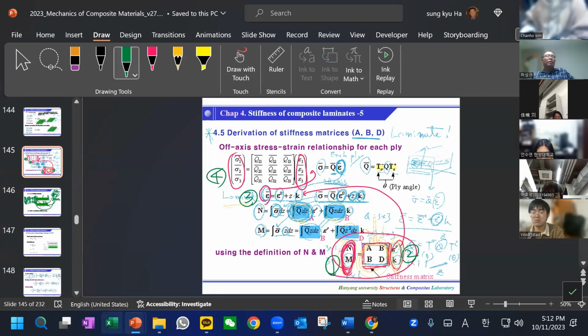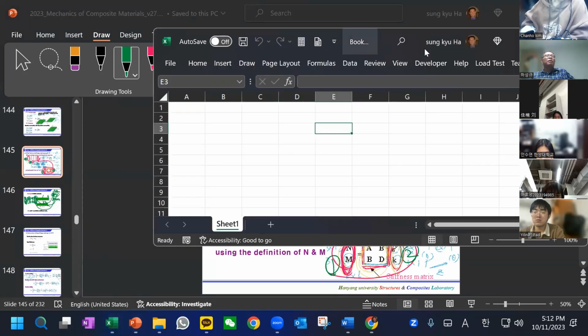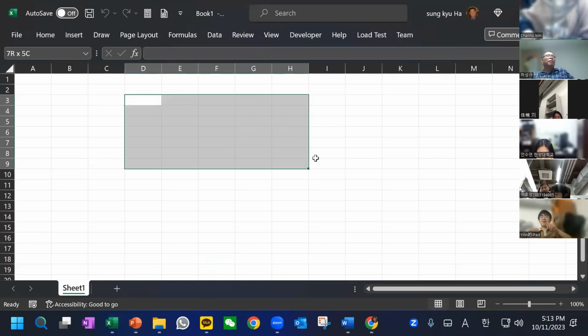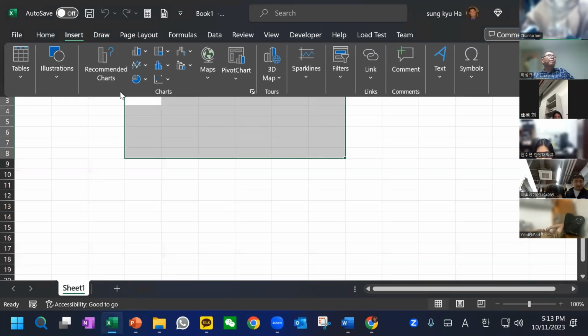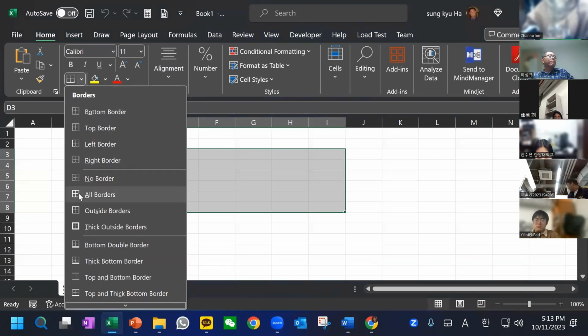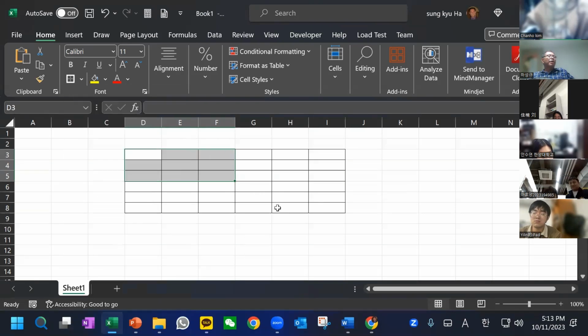And of course we're going to use the Excel program to calculate the ABD, the epsilon zero and curvature, and other quantities. Let's say we have a 3 by 3 matrix, and this is going to be a D matrix, and this is going to be a B matrix, as we already mentioned.